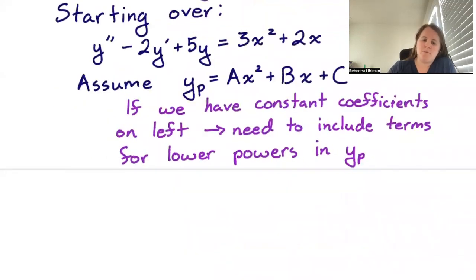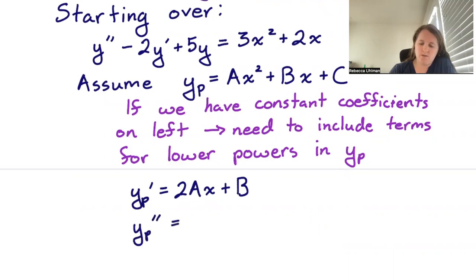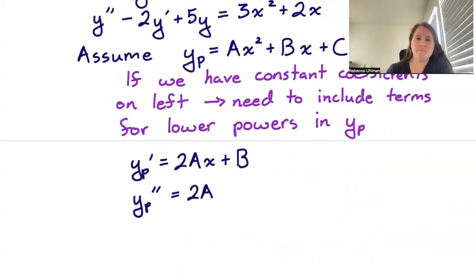So we have our yp. yp prime will just be 2ax plus b, and the second derivative will just be 2a. The only thing that's changed from our first attempt is that initial yp has the plus c.